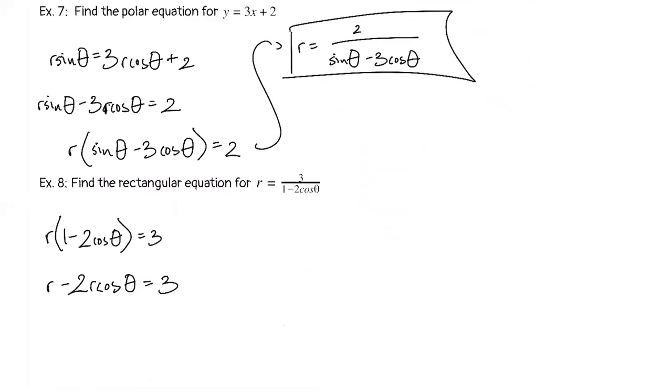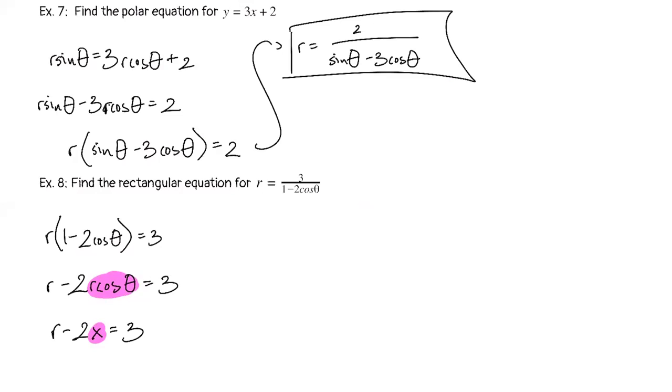For x, r cosine of theta. Okay, so r cosine theta is going to become x, because we said from above that r cosine theta equals x. Okay, so now we're starting to make progress, right? We've gotten rid of the theta, and now we have an x.